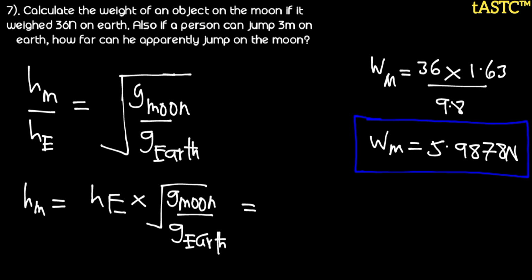Now h on the Earth, that is the height the person jumps on Earth. That is 3 meters. So we need to multiply that by the square root of the g on the moon. Now g on the moon is 1.63. And this is divided by g on the Earth, which is 9.8.